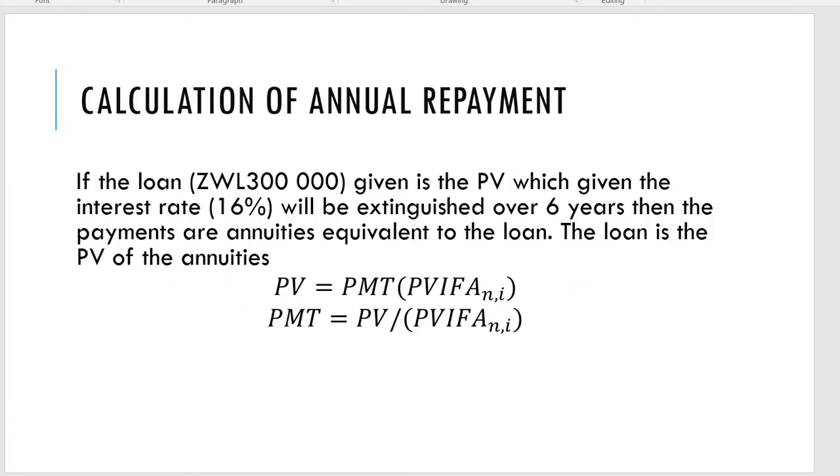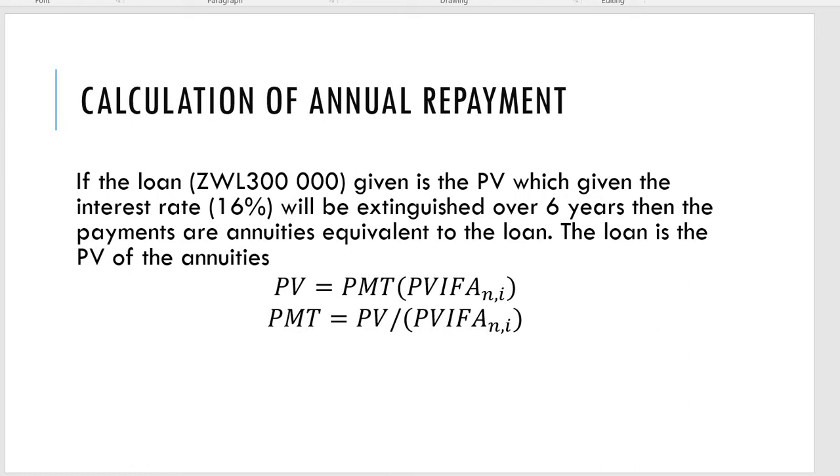Now, next, let's calculate the annual repayment. If the loan of 300,000 is given today, it means that the loan is in present value terms. Are we together? It's a present value. And it is going to be repaid by equal payments over 6 years. It means those equal payments are annuities.